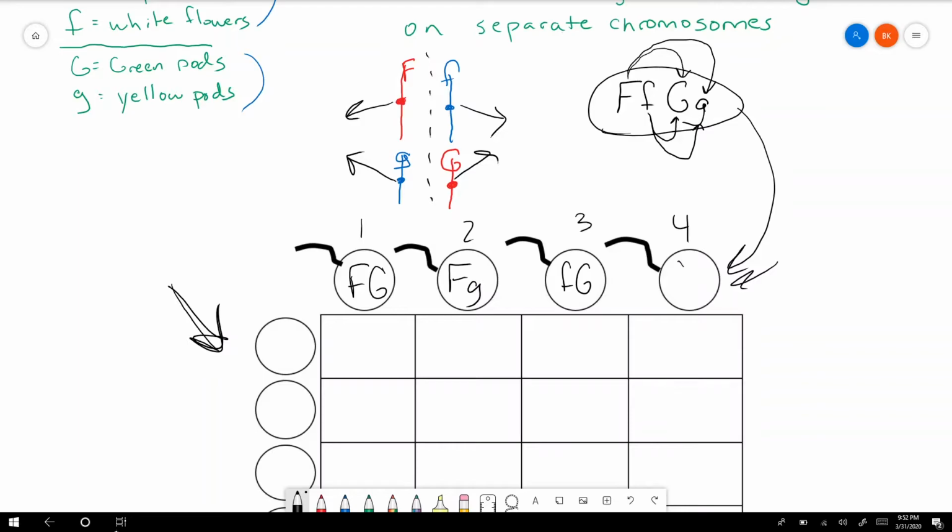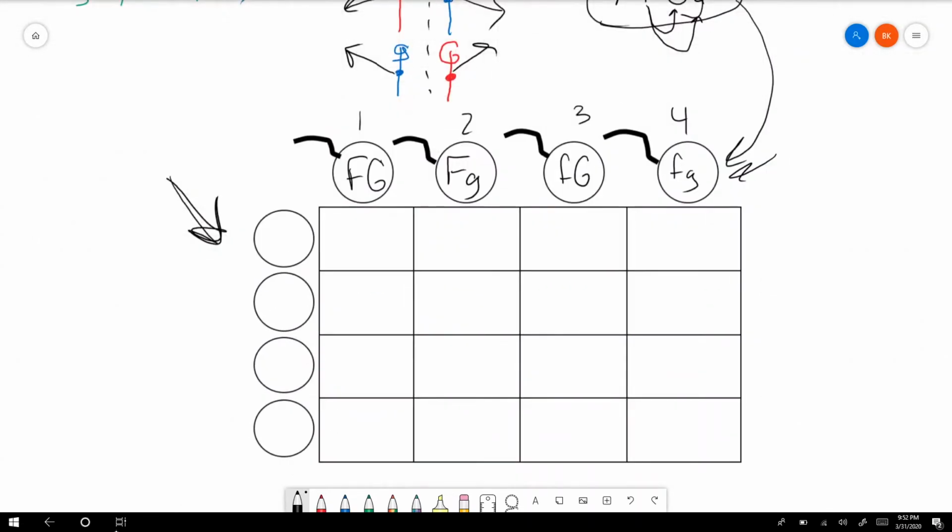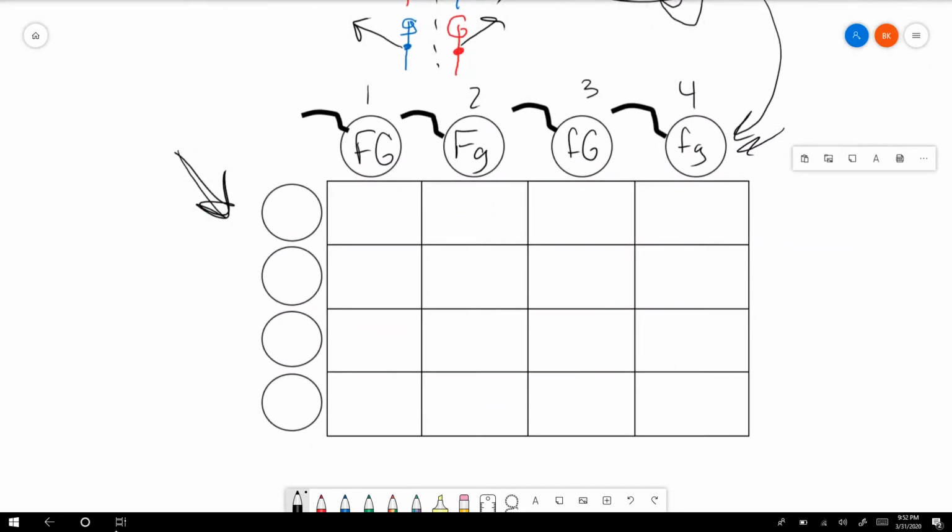Those are the possibilities for that parent. In this case, if we assume both parents are heterozygous for these two genes, then the other parent would be the same. So we'll just write those down the side.